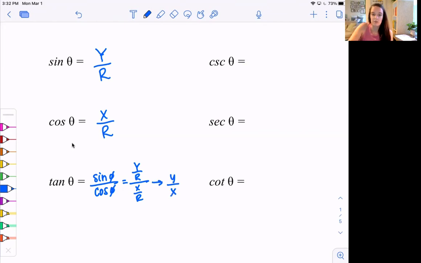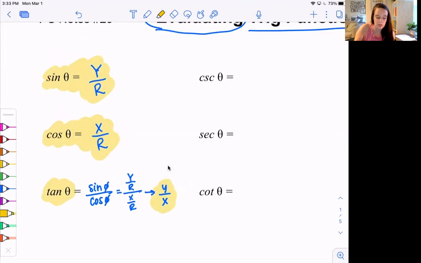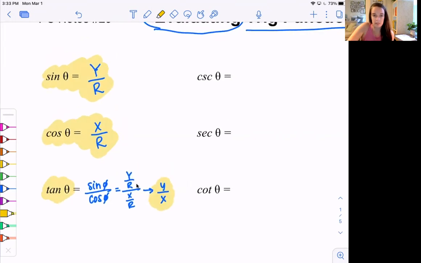So really, you don't need to remember this part. It might be helpful to remember sine theta over cosine theta later. But for now, we just need to memorize that sine is y over r, cosine is x over r, and tangent is y over x. So those are our original trig functions.